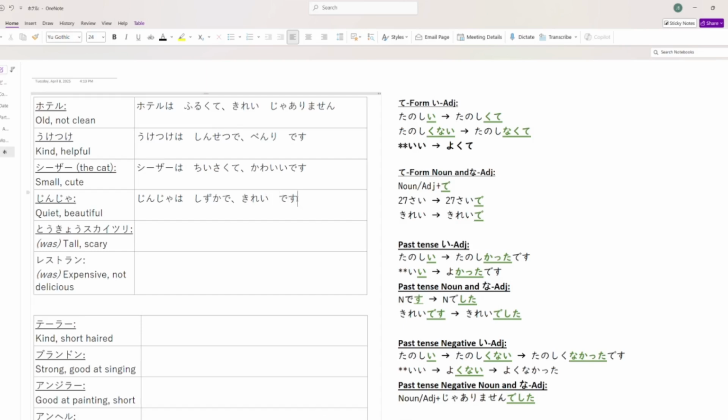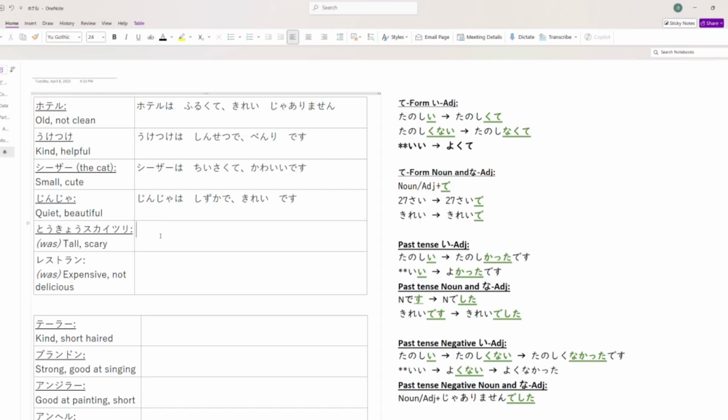One thing I haven't mentioned yet that will be important for these next two is that when we are dealing with tenses, the end of the sentence is always going to be the thing that notates what tense we're speaking in. So to turn a past tense sentence into something where we can use the te form, we don't turn the first thing into past tense and then into te form.